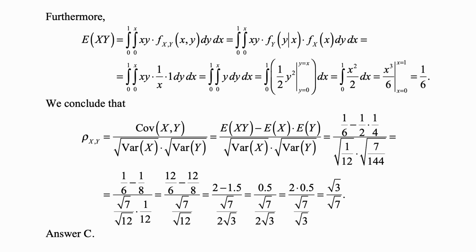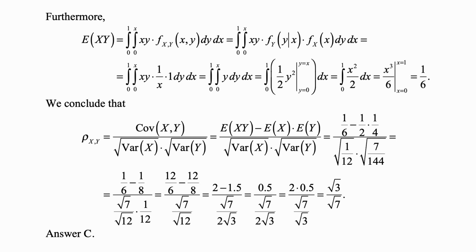And the correlation coefficient is the covariance over the product of the standard deviations of x and y, which is E of xy minus E of x times E of y, over the product of standard deviations of x and y. And that's 1/6 minus 1/2 times 1/4, divided by the square root of 1/12 times the square root of 7 over 144.